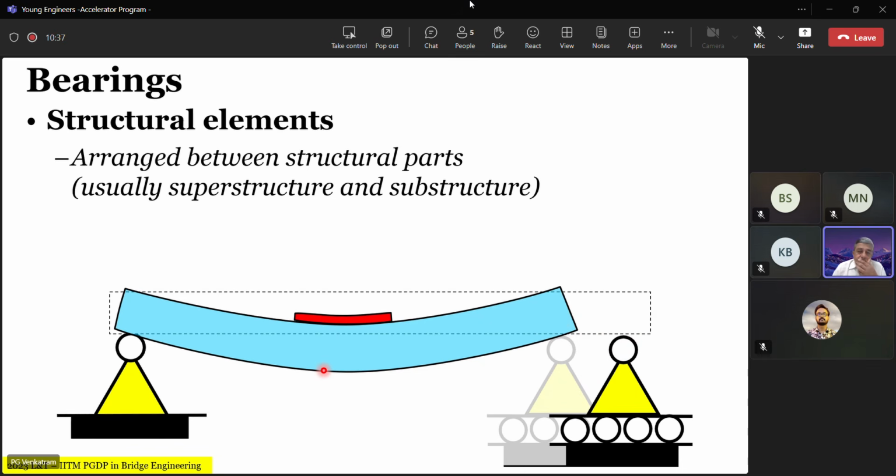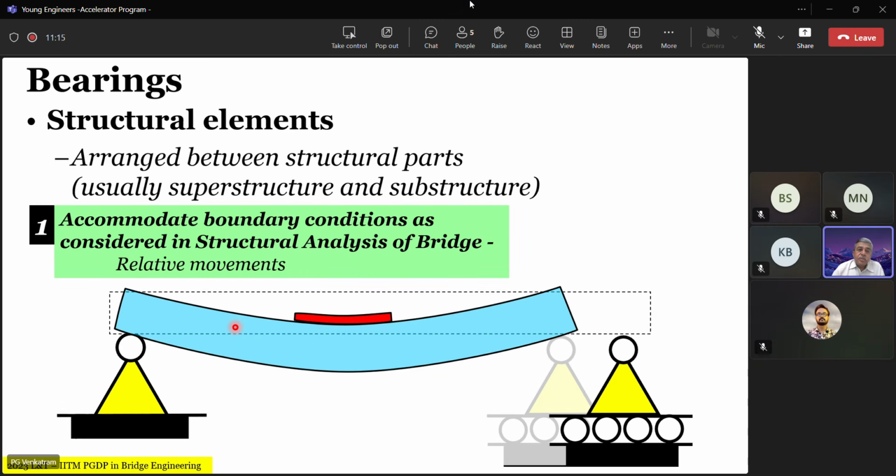So we can identify two definitive deformation patterns for the superstructure: one is the sliding movement, and the other is the rotation. Essentially, bearings are components between superstructure and substructure which accommodate these displacements and deformations in a fashion that is convenient to us and as per our expectations.